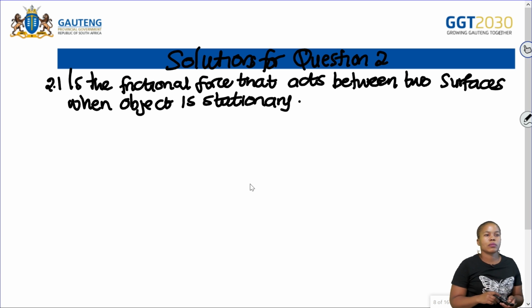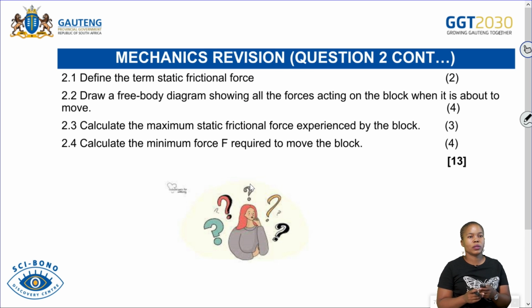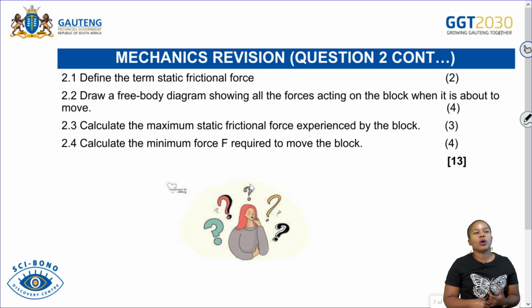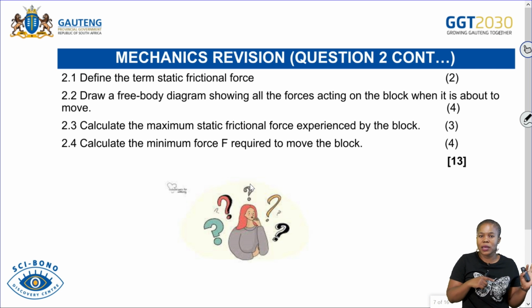Remember, definitions are very important. They tell us whether you'll be able to draw the force and calculate it properly. So question 2.2, draw a free body diagram. A free body diagram is a representation of any object, including the box that we are given in this scenario, but we represent it using a dot.